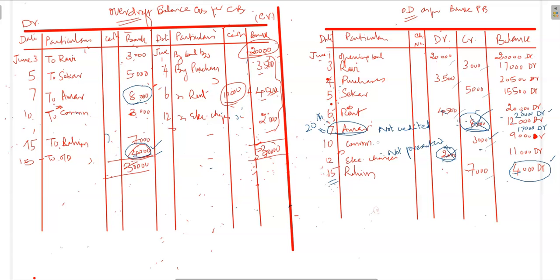And with regard to commission, which was taken as receipt on 10th, there is no discrepancy, it was collected and credited on the same day. In such case, your OD balance will decrease by 3,000 because we are getting a credit towards commission. You are taking here as a receipt and here you are giving as credit. That means your OD balance, because of this transaction, will reduce from 20,000 to 17,000.